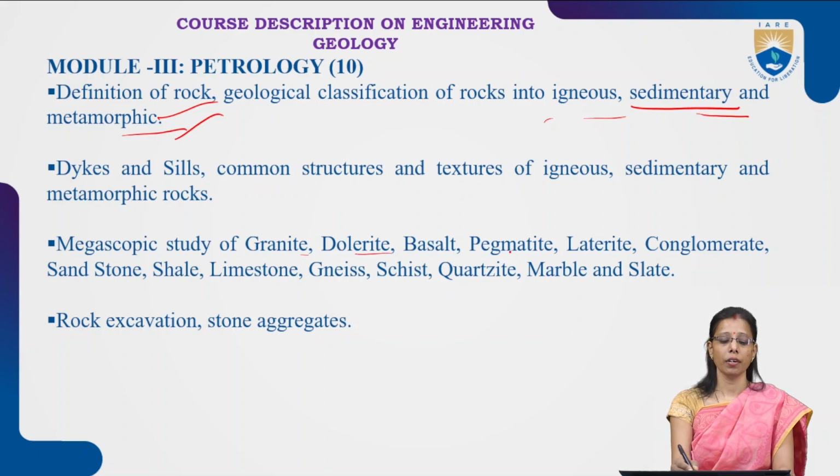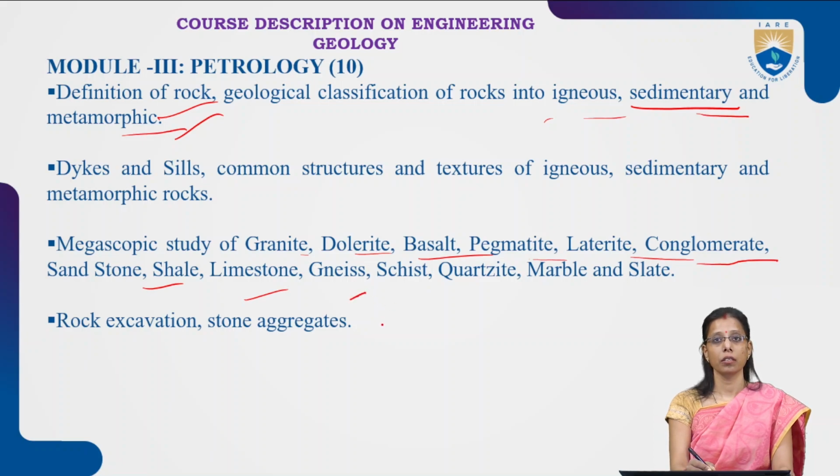Like that, we have dolerite, basalt, pegmatite, laterite, conglomerate, sandstone, shale, limestone, gneiss, schist, quartzite, marble, and slate. These are a few of the rocks whose megascopic properties we are going to study, and their applications in day-to-day life or in the industrial field.